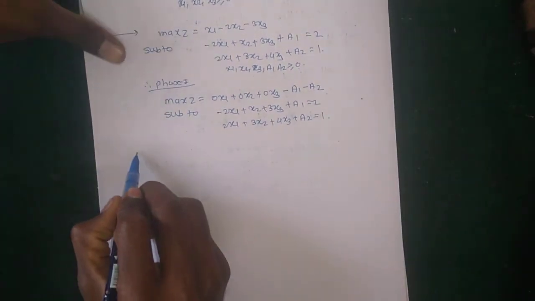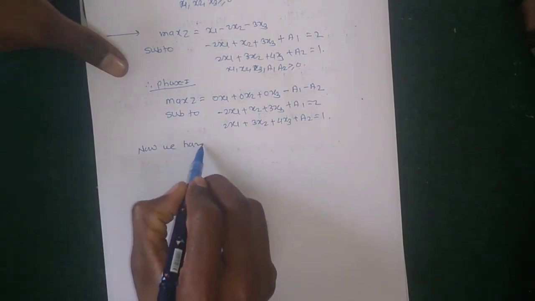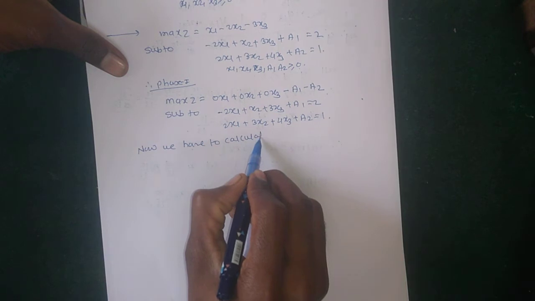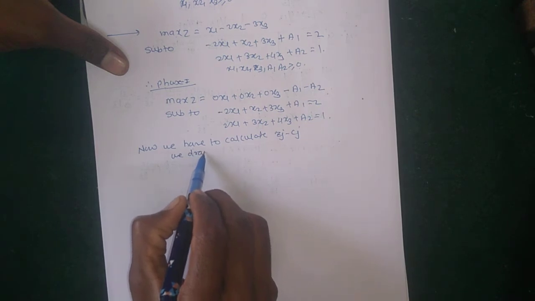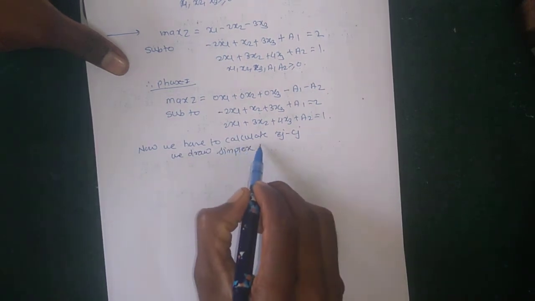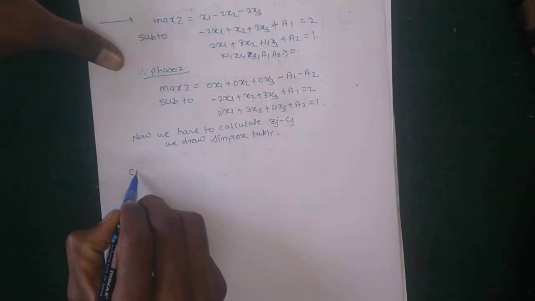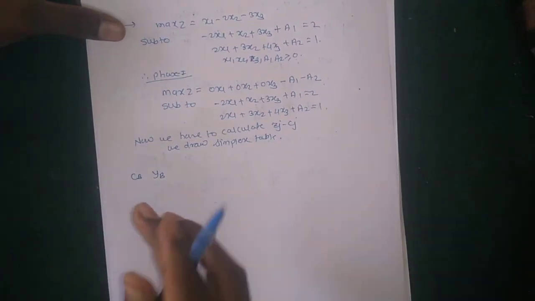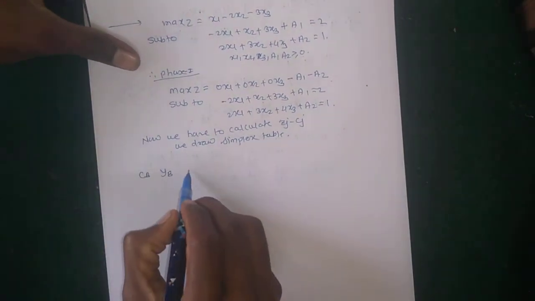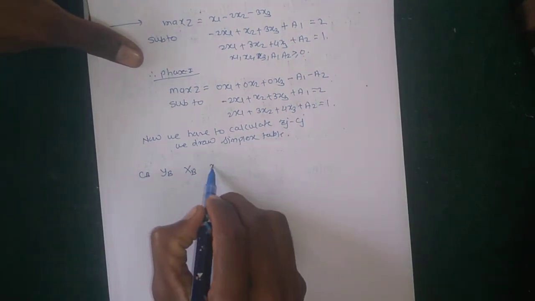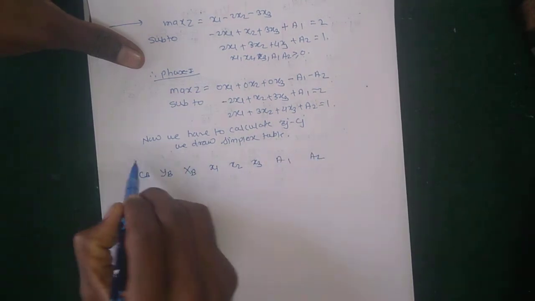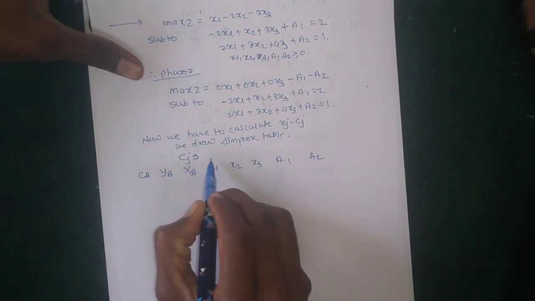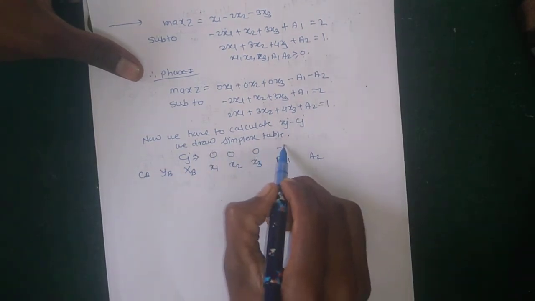Okay, so now we have to calculate zj minus cj. Okay, so we draw the simplex table. Here the first column is cb, meaning the coefficient of basic variable in the objective function, yb means the basic variable, xb means the value of the basic variable, then x1, x2, x3, then a1 and a2, then their costs. The objective function cj are 0, 0, 0, minus 1 and minus 1.